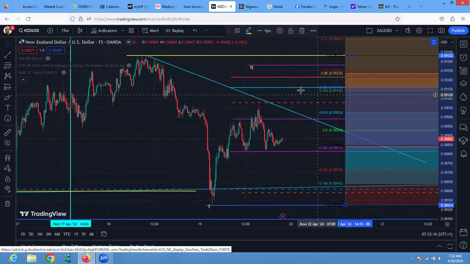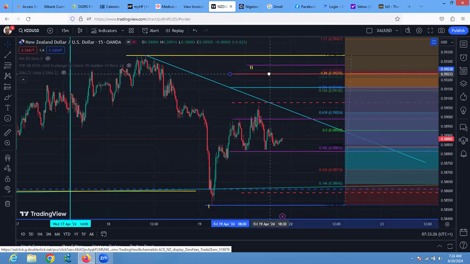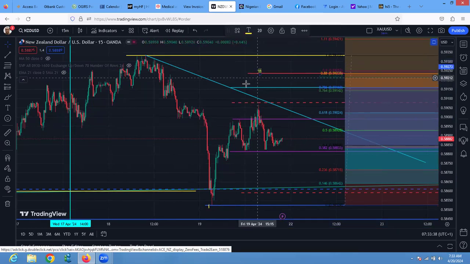It doesn't have to respect anything. So this is 88 here. This is the last place that we expect this price to turn to the downside, to still be a 2. And this is 78.